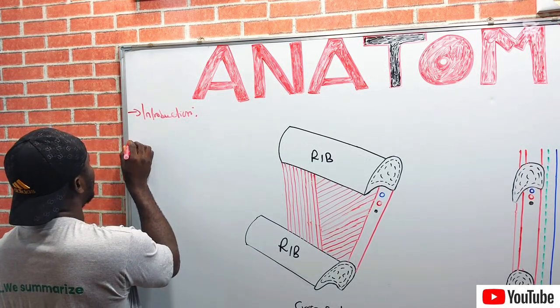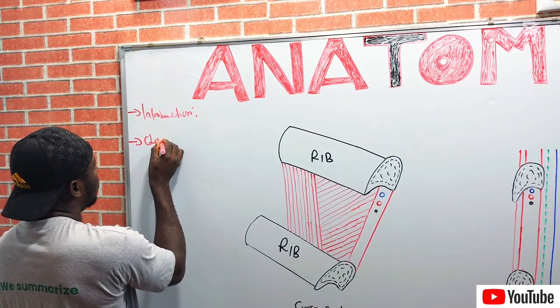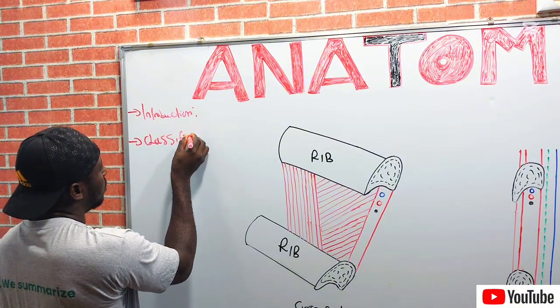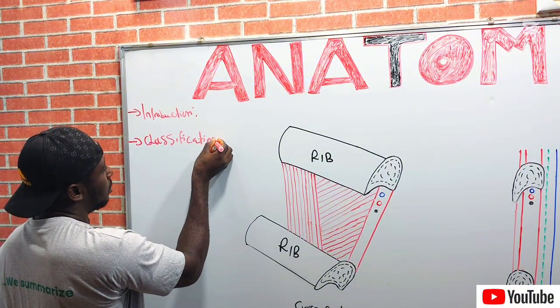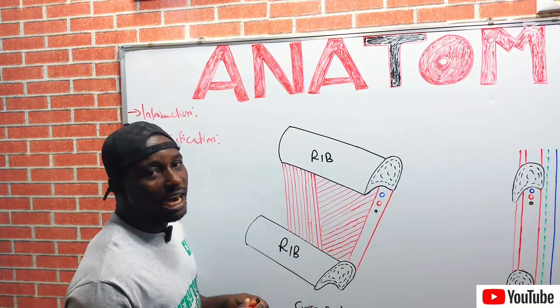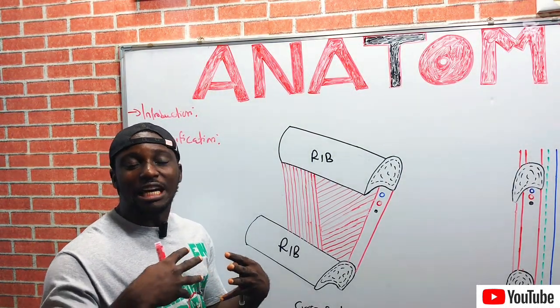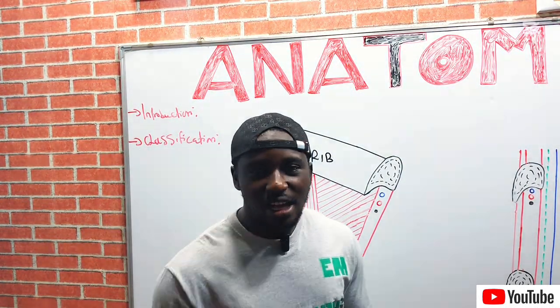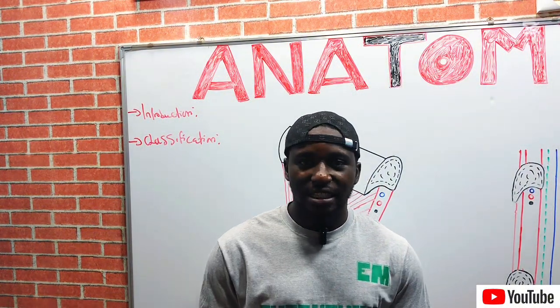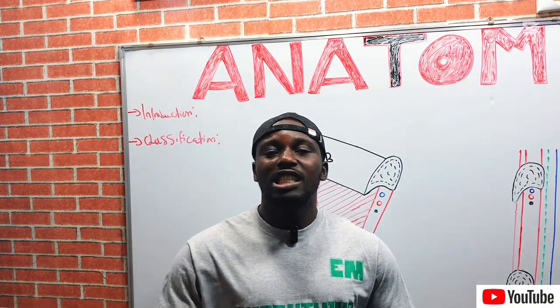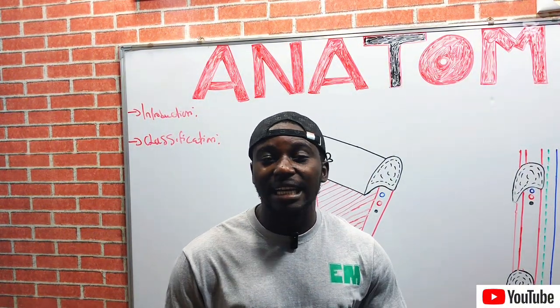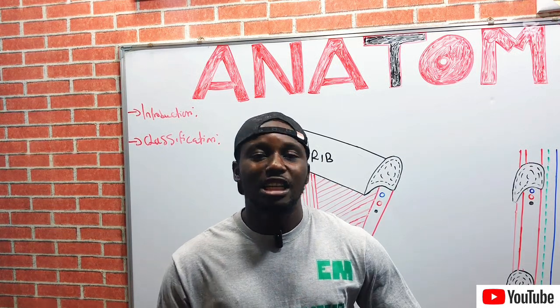The next is the classification. How are intercostal spaces classified? The intercostal spaces are classified into two. We have typical intercostal space and atypical intercostal space.